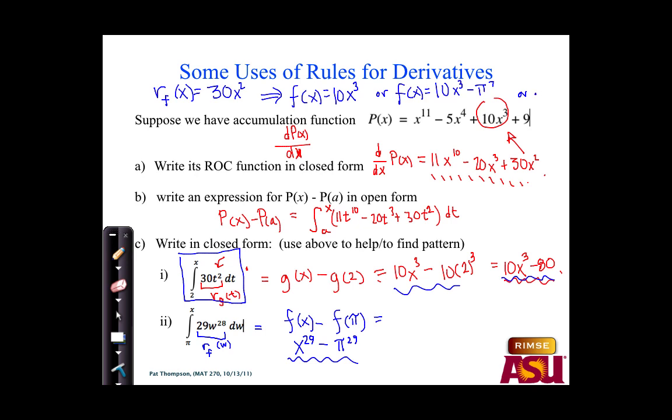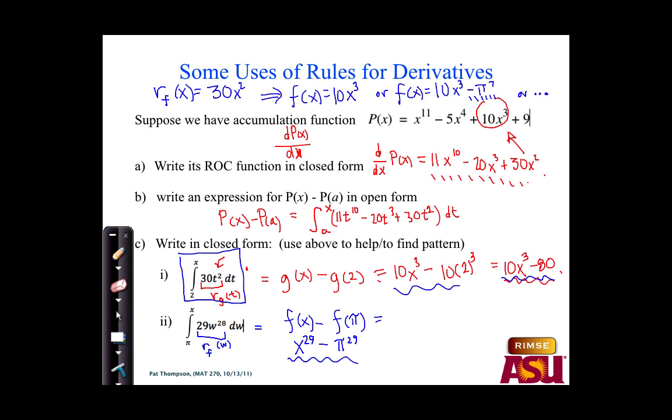There are infinitely many options, but the only difference between them is if there's some constant or another. That's something you can't know from just looking at the rate. Like, I can't tell how far I am from this table in the front of the room just based on how fast I'm moving. I would have to have some other given information, some initial sort of information. But that doesn't affect our ability to answer these problems.